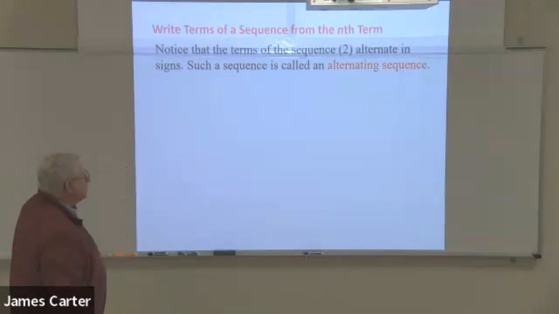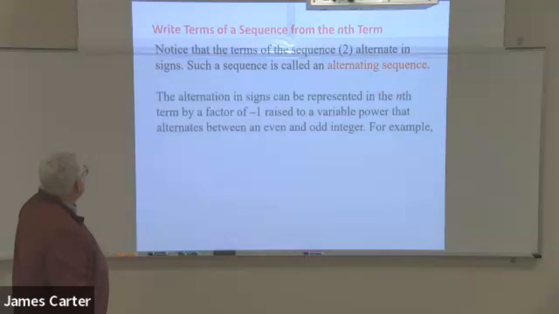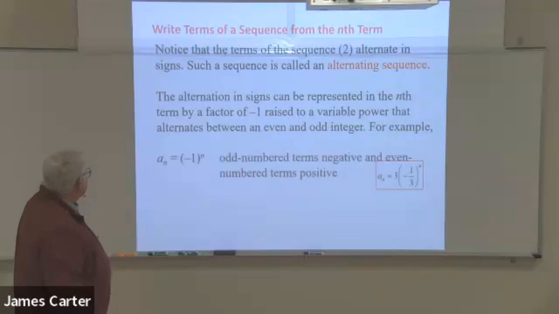Again, here, this is just more elaboration about alternating sequences. Anytime you have a negative to a power, you're going to get an alternating sequence, is basically all this is saying.